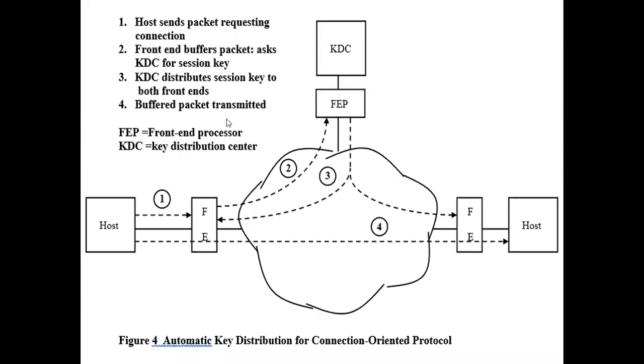Okay. The buffer packet is transmitted. So like this, the data will be transmitted. First it will send the packet request connection. This request is received by the front end buffer. The front end buffer sends this request to the KDC for the session key. This KDC will provide the session key for both the hosts.